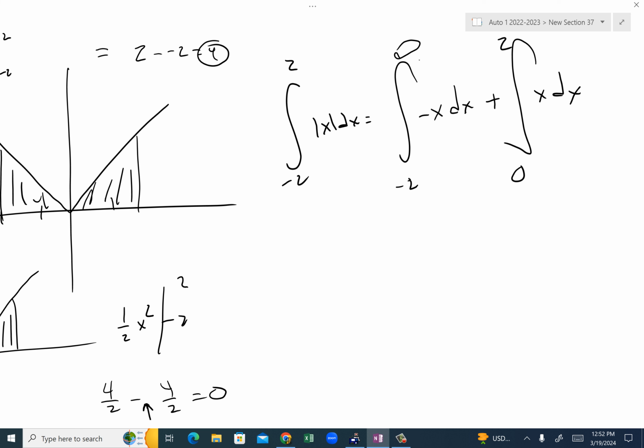Questions, comments, concerns? For assignment, it's 7 through 15 odd, and it says find the formulas for the function represented by the intervals. What does it mean by that? What are you talking about there? Evaluate the function using the fundamental theorem of calculus.